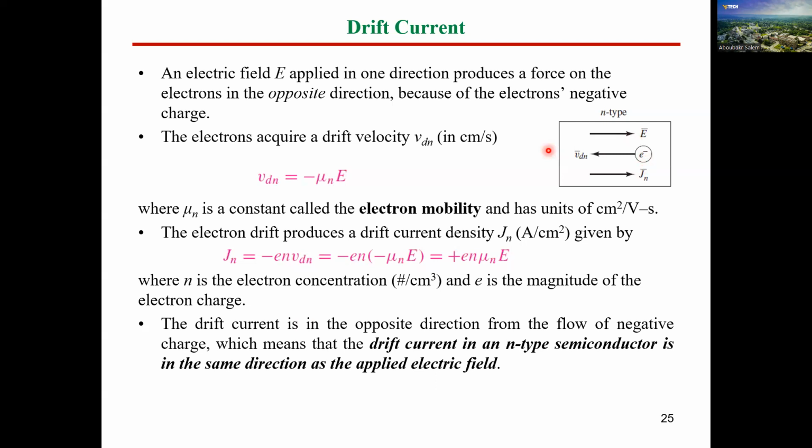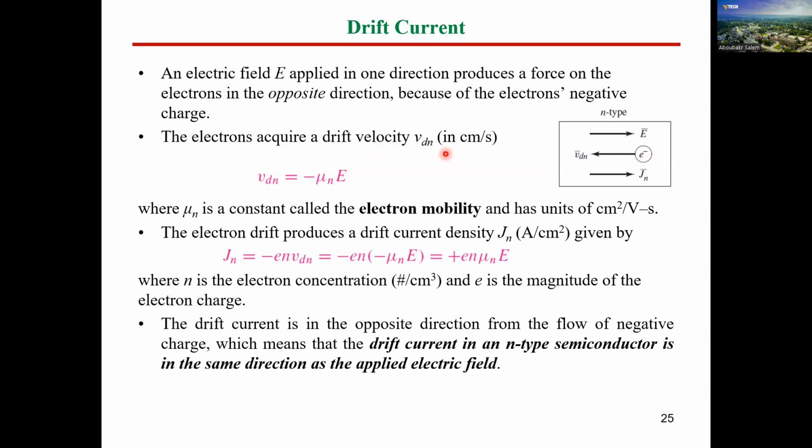Let's find the relations. So the electrons acquire a drift velocity if we apply an electric field to a material. So the electrons will start moving at a certain speed.